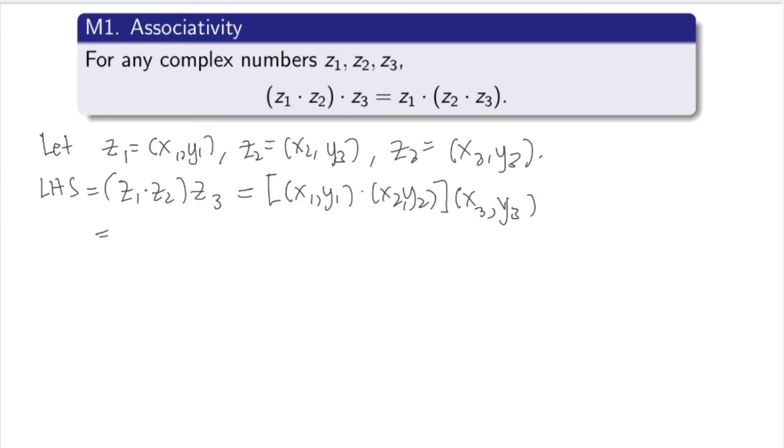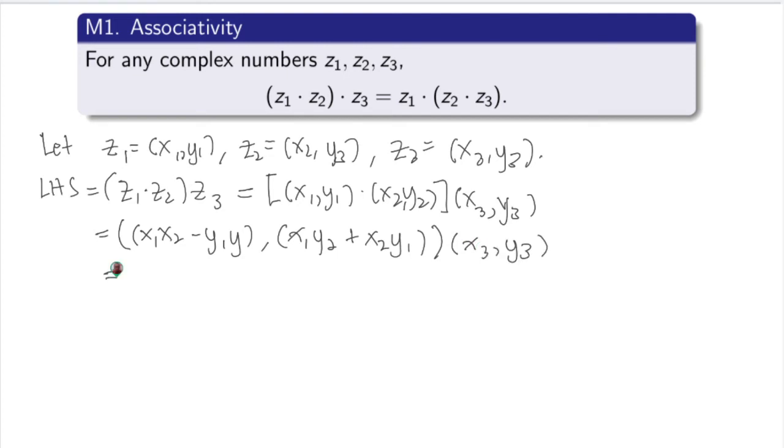We work first (x1, y1) times (x2, y2) since it's inside the grouping symbol. So using the FOIL method, we have x1 x2 minus y1 y2 for the real part, and x1 y2 plus x2 y1 for the imaginary part. Then this complex number is multiplied now to (x3, y3). Again, another application of FOIL, we have first (x1 x2 minus y1 y2) times x3.